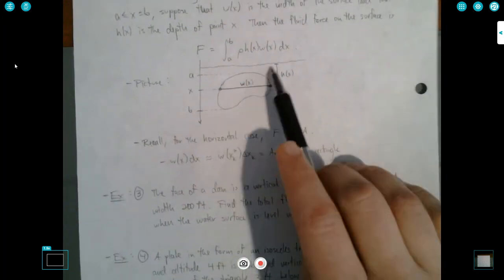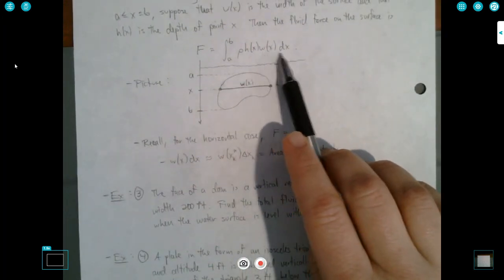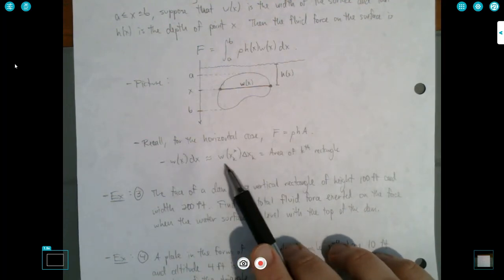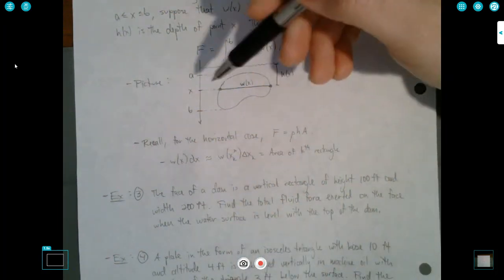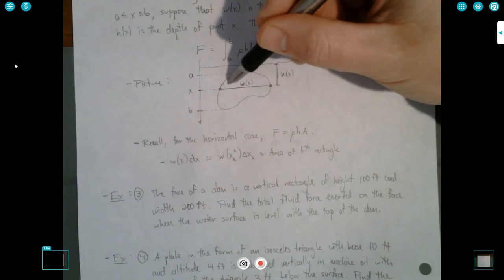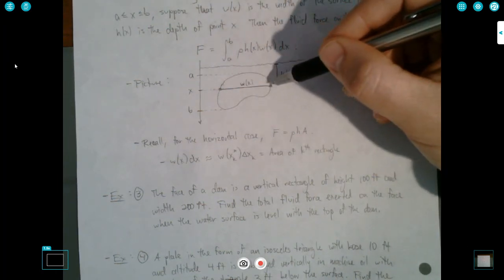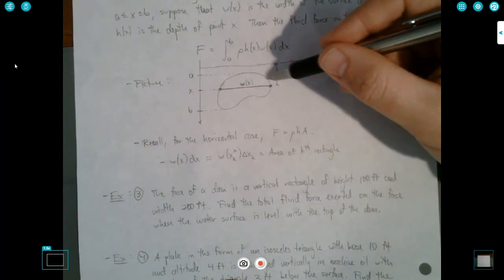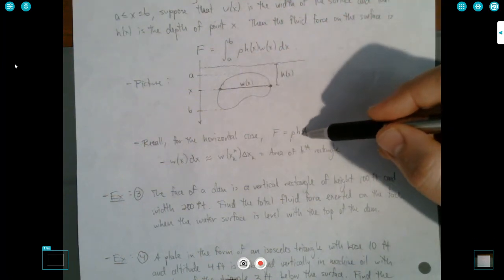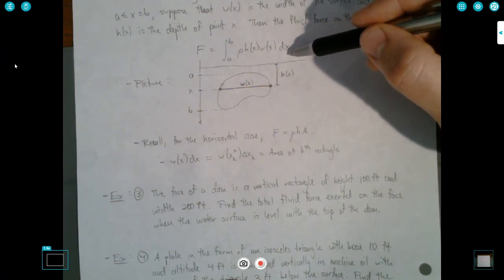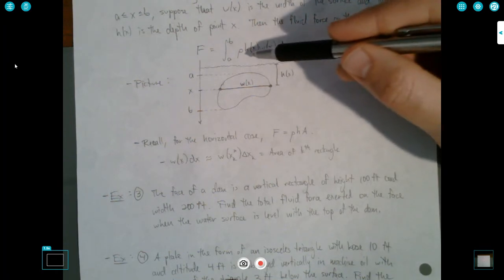Well, the w of x times dx, if you are doing just an approximation, that's about the same as the width of the kth slice times the height of the kth slice, right? Which is the area of the kth rectangle. So this area part A becomes w of x dx up here. And then everything else stays the same.